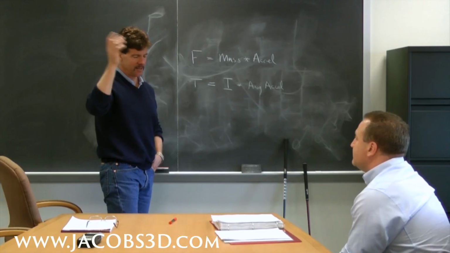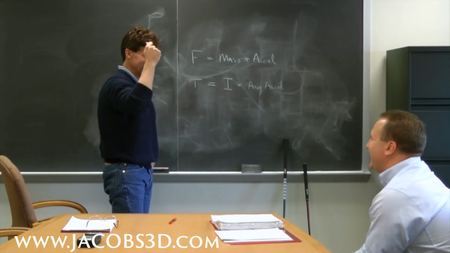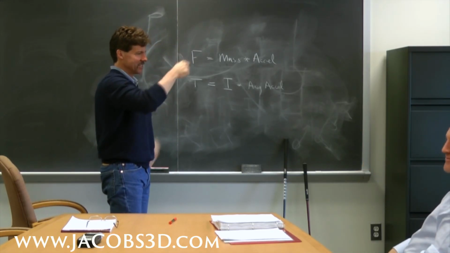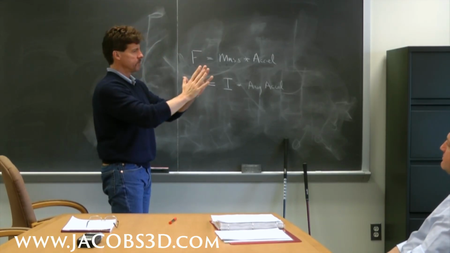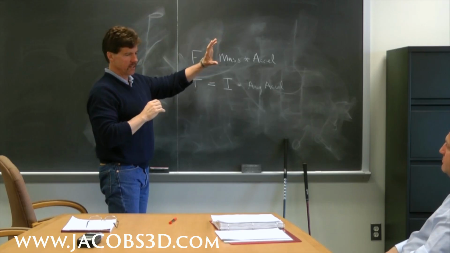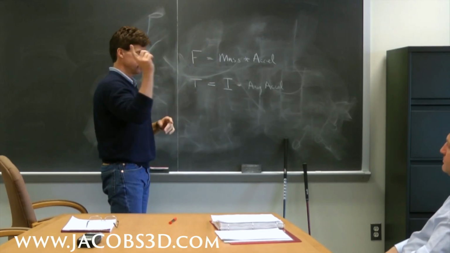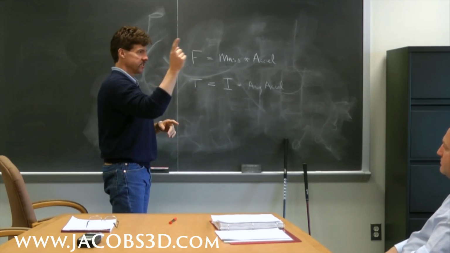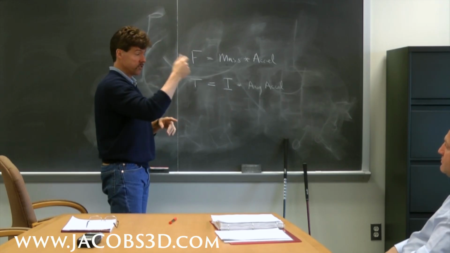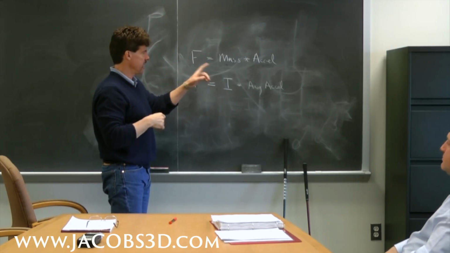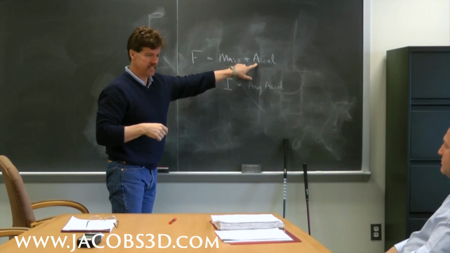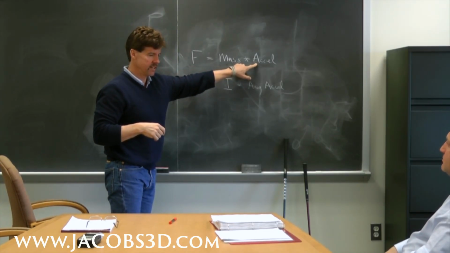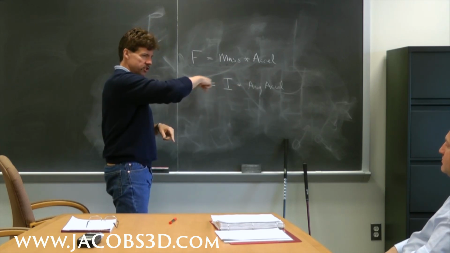I don't know how much time you spend doing that, but if you do, it's that tension that you feel in the string. All objects want to go in a straight line at a constant velocity. When you swing something that's not going in a straight line, you have to pull on it to change its path. There's the force. And the resultant acceleration is due to the fact that you're changing the path.